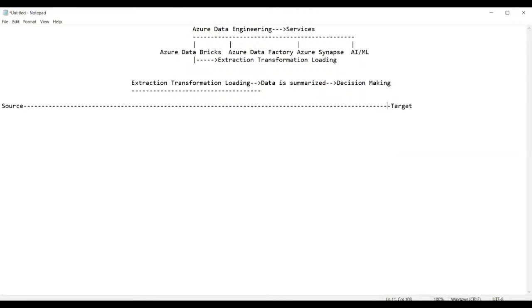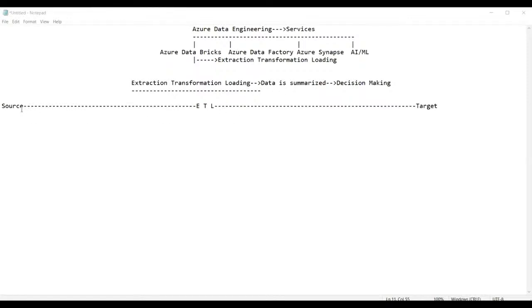Now guys, what is a source and what is a target? Between the source and the target, this process of ETL is always applied, irrespective of whatever service we use. Generally, I'm talking about ETL. ETL is a process where the data is summarized.